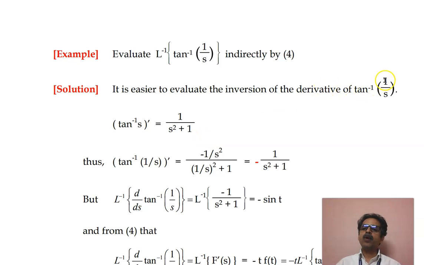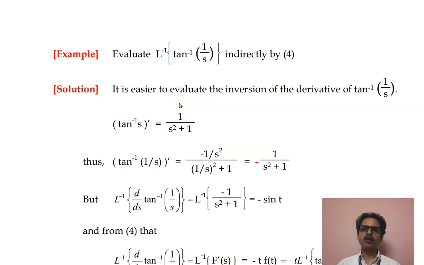Tan inverse of 1 upon s is itself a complicated function of s. But if we take its derivative, it becomes 1 upon s square plus 1, and you can see that the inverse Laplace of this derivative is easy. It is just actually sin t. So tan inverse of 1 upon s is a function whose inverse Laplace is difficult, but its derivative is easy for finding the inverse Laplace transform.